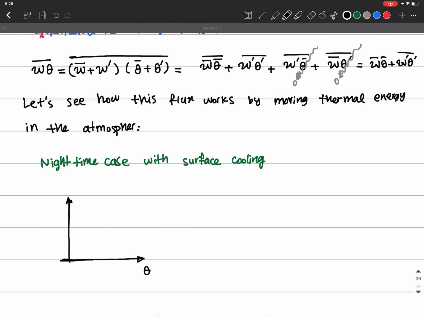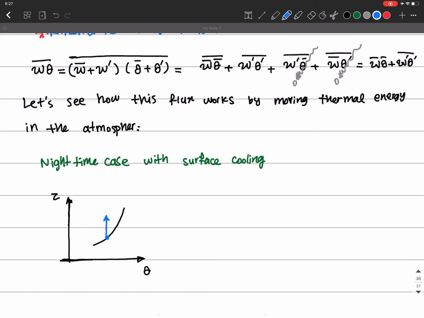So if we look at our cases, say we have theta here and we have z here, the profile of theta would look something like this near the surface. So say here we have one air parcel, and then this air parcel moves upward somewhere here.